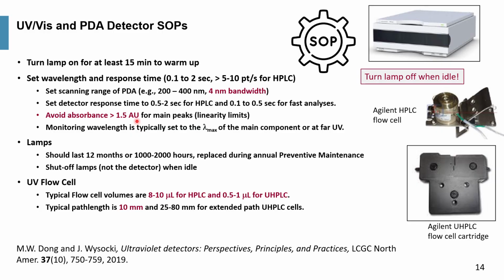It should not be over 2, when it's near saturation, and when you try to validate the method, you might fail linearity validation. So this is important because typically we are doing something called area underneath the curve, right? Once it's saturated, then the area underneath the curve would not be valid.